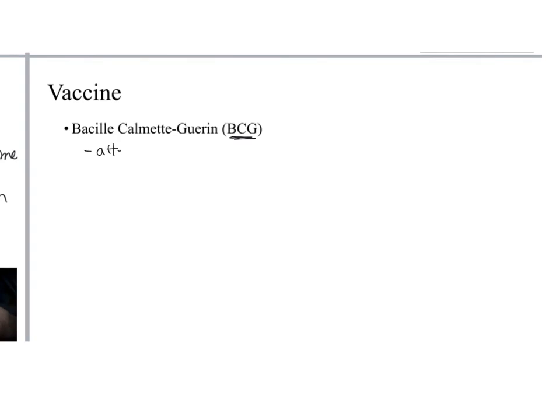It's a weakened strain, so it's attenuated. Okay, it's actually derived from Mycobacterium bovis. So it's a strain of Mycobacterium bovis that has lost its virulence in humans because we've grown it up for many, many generations in culture in the lab.